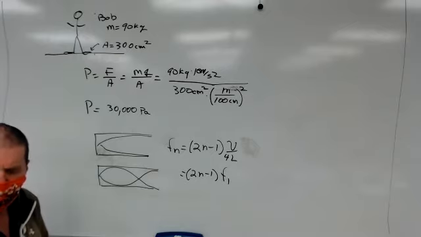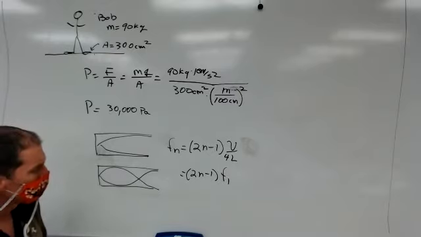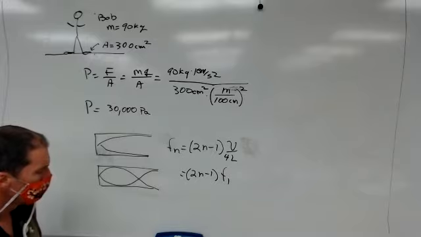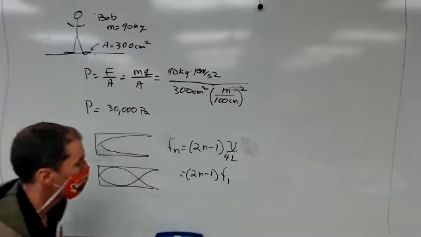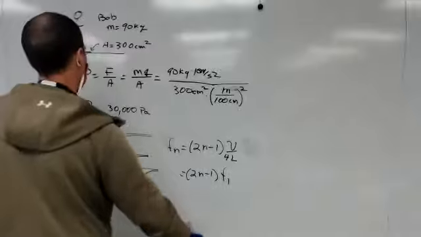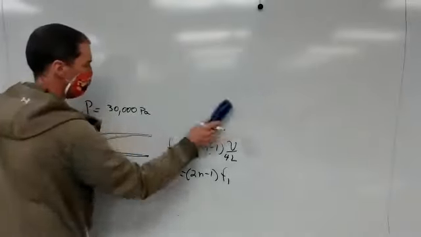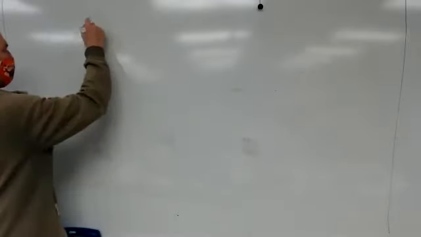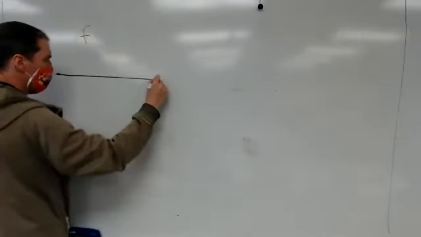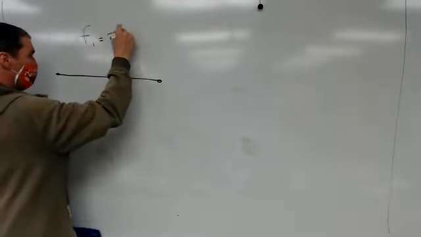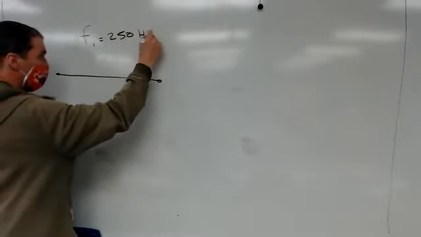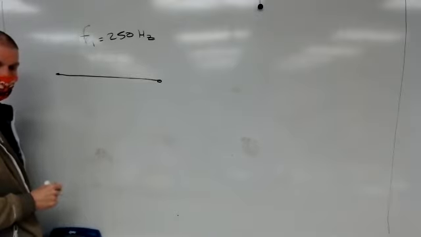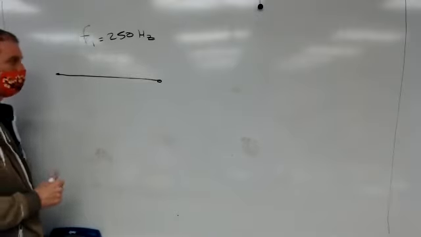Okay, Dr. Trail, did you do the problem where the first harmonic for a particular guitar string is 250 hertz, and then what is the frequency of the third harmonic? So F1 is equal to 250 hertz. Yes. And it's asking what the frequency is of the third harmonic.